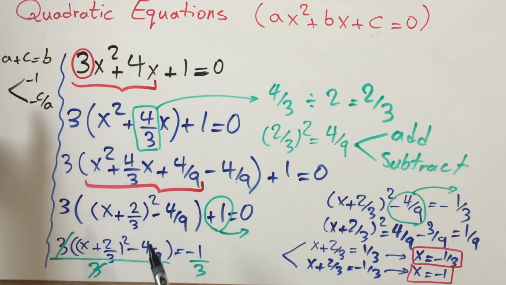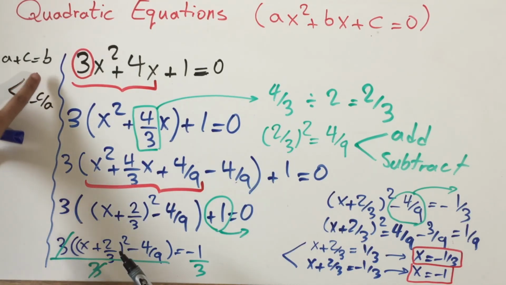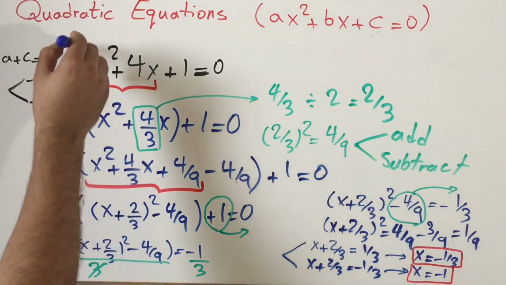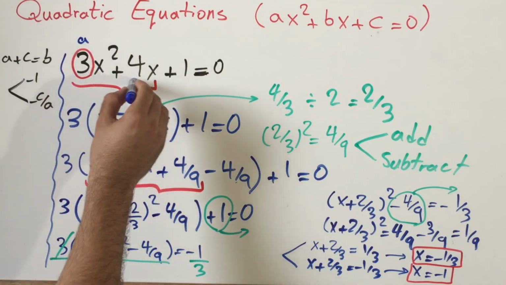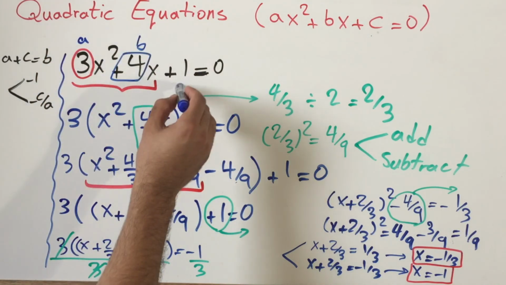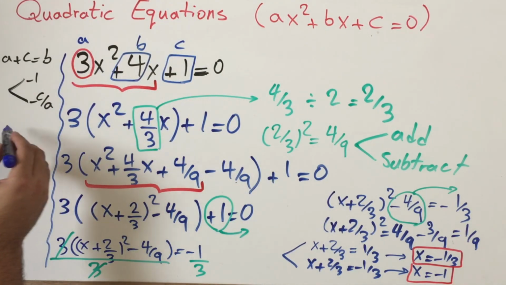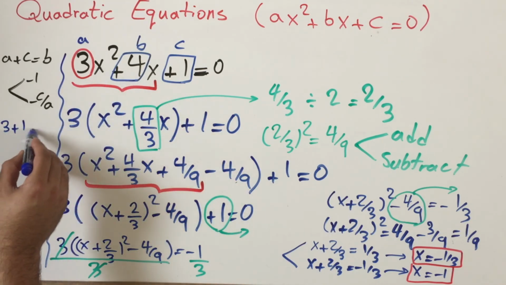So let's see if A plus C is equal to B in this equation or not. Okay, so my A is 3. This is my B, which is 4, and then my C is 1. So as you see, A plus C is 3 plus 1, and B is 4.